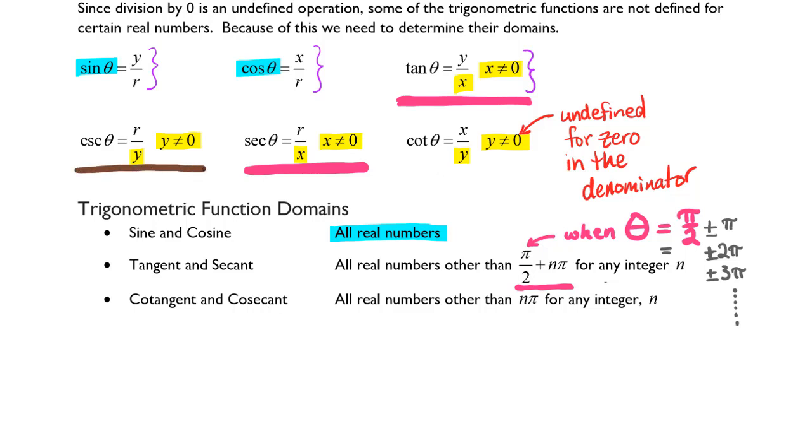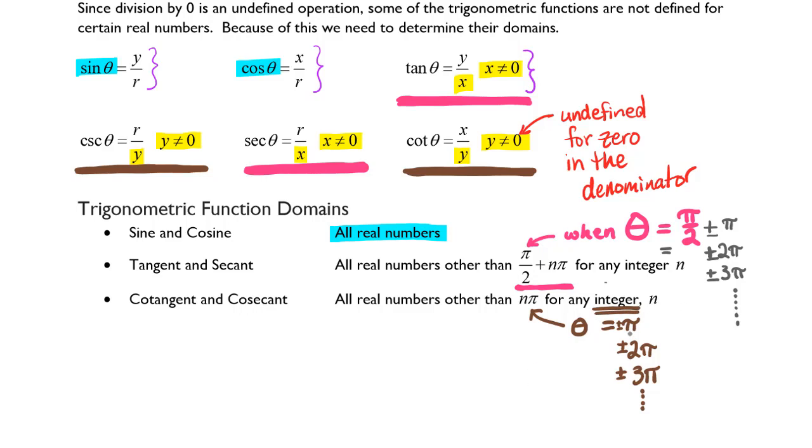We've got cosecant here, and y cannot equal 0. And cotangent, y cannot equal 0. This will happen when theta equals pi or plus or minus pi, plus or minus 2 pi, plus or minus 3 pi, and you get the idea. It continues on, because n is an integer, so integers are whole numbers plus or minus.